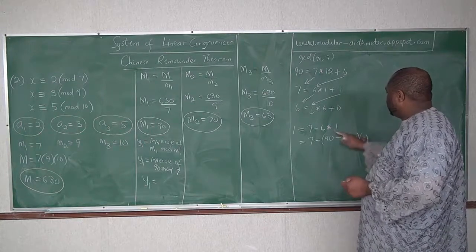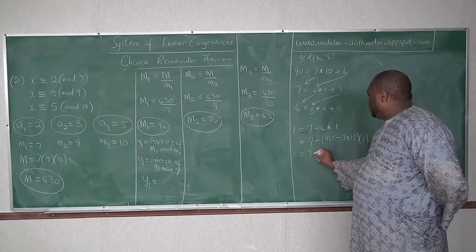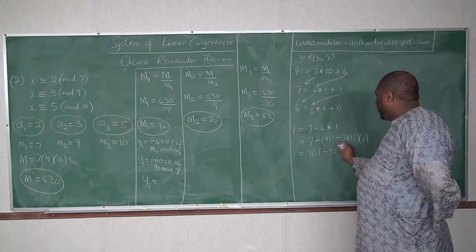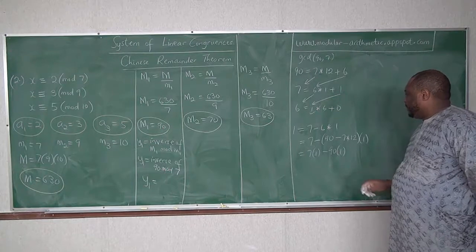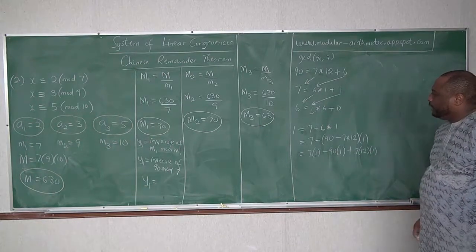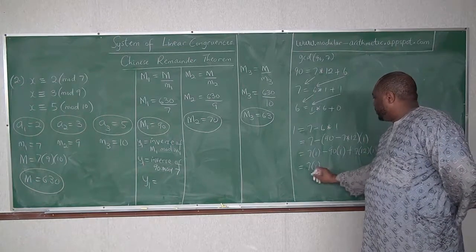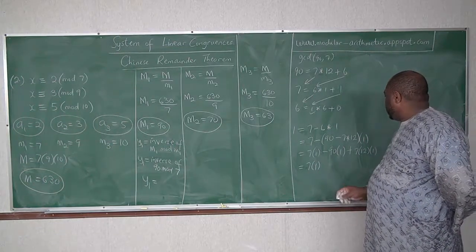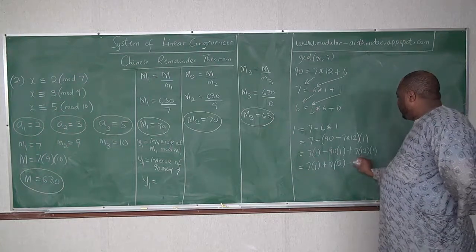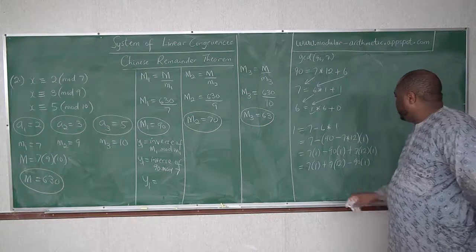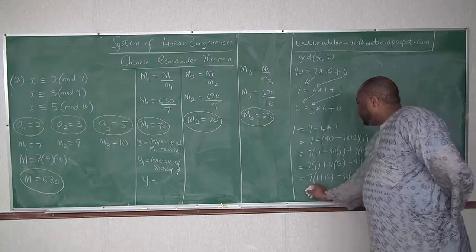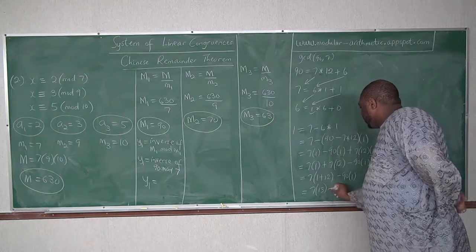Minus times minus is plus, so this gives 7 times 1 plus 7 times 12 minus 90 times 1, which is 7 times 13 minus 90 times 1.